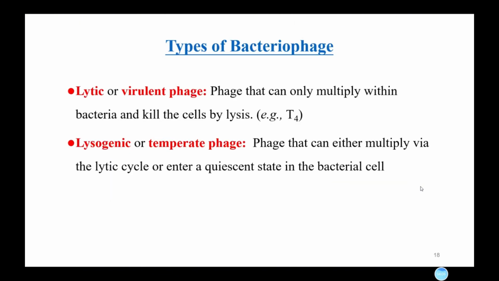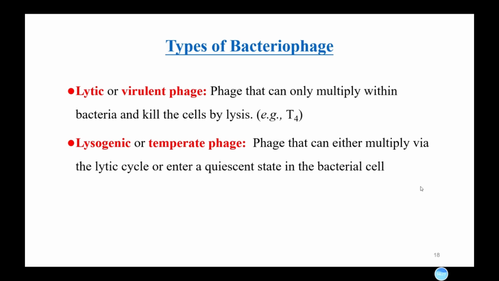And bacteriophages can be classified into two types. One is the lytic phage or the virulent phage, which means that after infecting the bacterial cell, they can multiply inside the cell, but finally they will lyse the whole cell to release the viral particles.